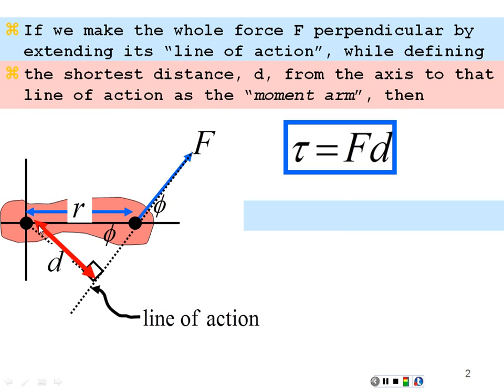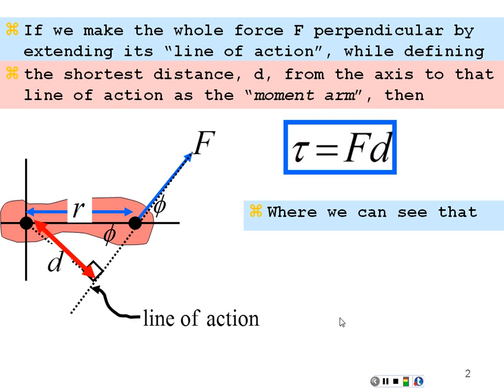Note that if I look at this triangle here, the hypotenuse of that right triangle is r, and so this distance d, this angle being phi here, this distance d is equal to r times the sine of phi.